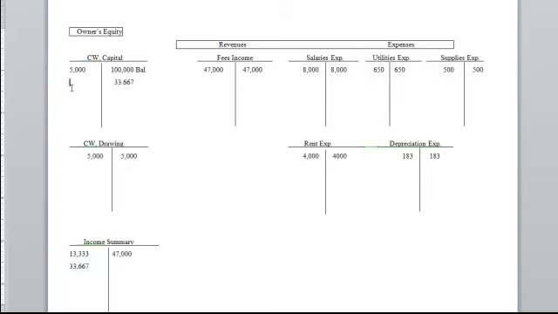So the balance that capital has: $100,000 plus $33,667 minus $5,000 would be $128,667. That's the new balance to start the new year, and we're ready to go.